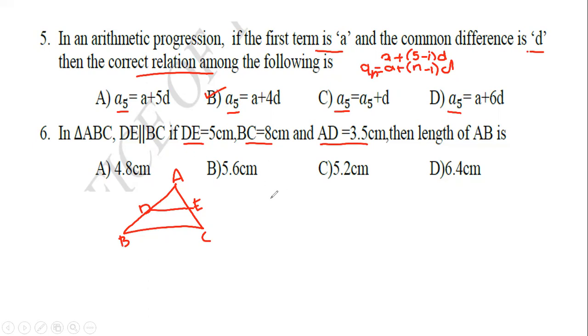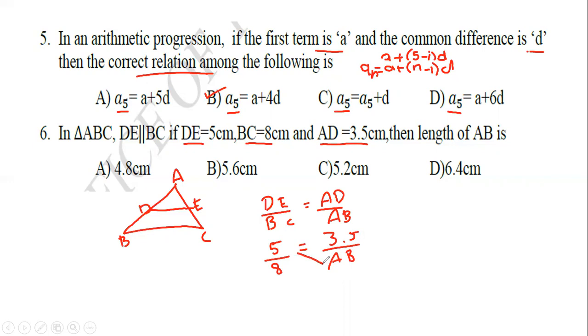So take the ratios: DE by BC equals AD by AB. DE is 5 centimeter divided by BC, 8 centimeter, which equals AD, 3.5 centimeter, divided by AB. Find out AB.